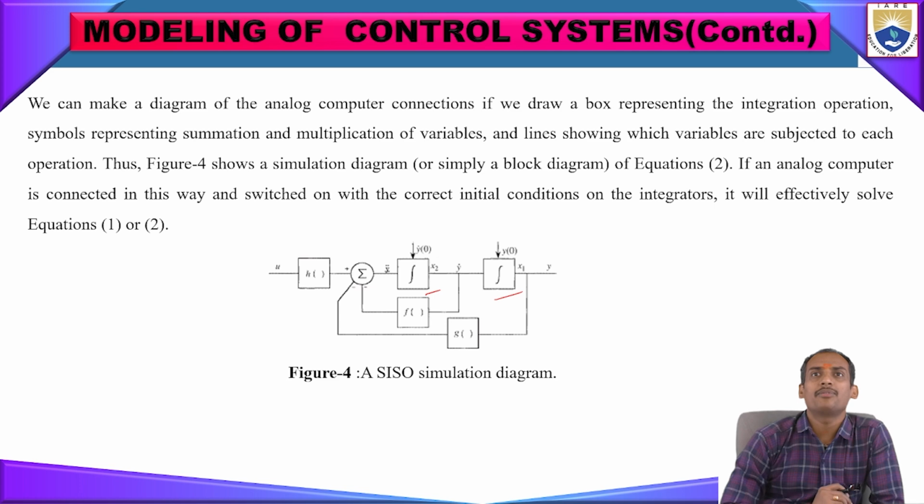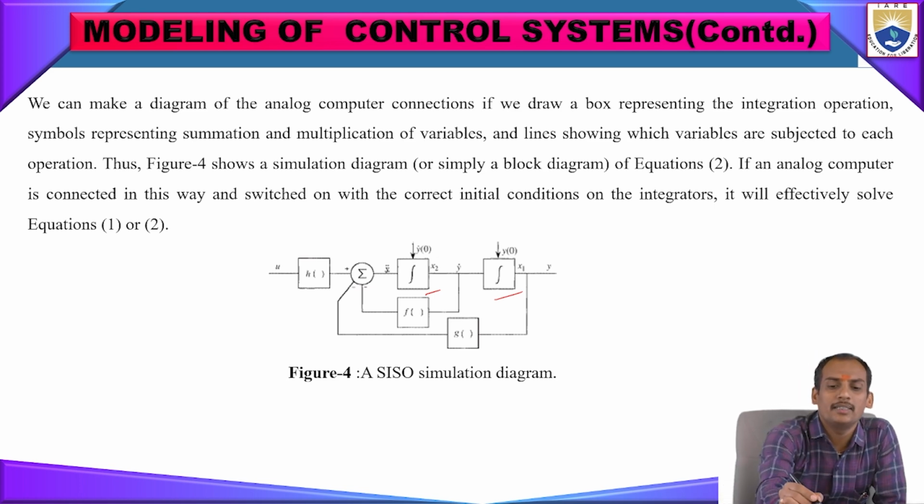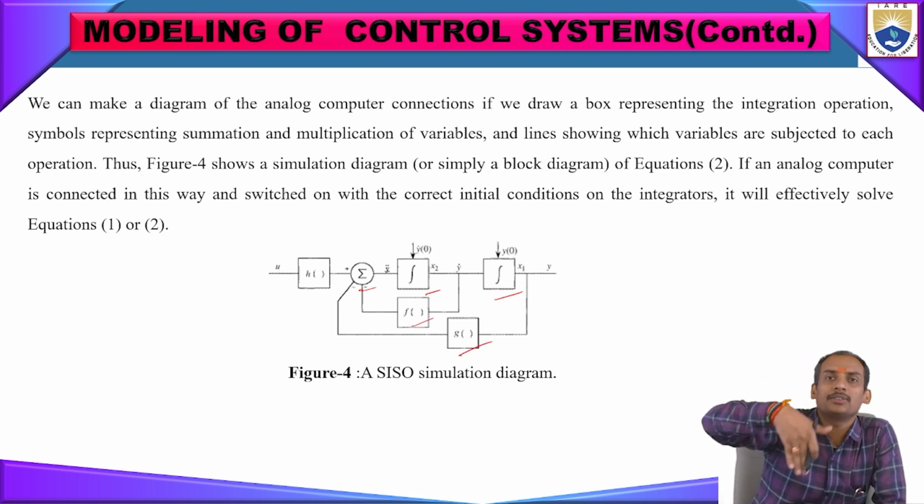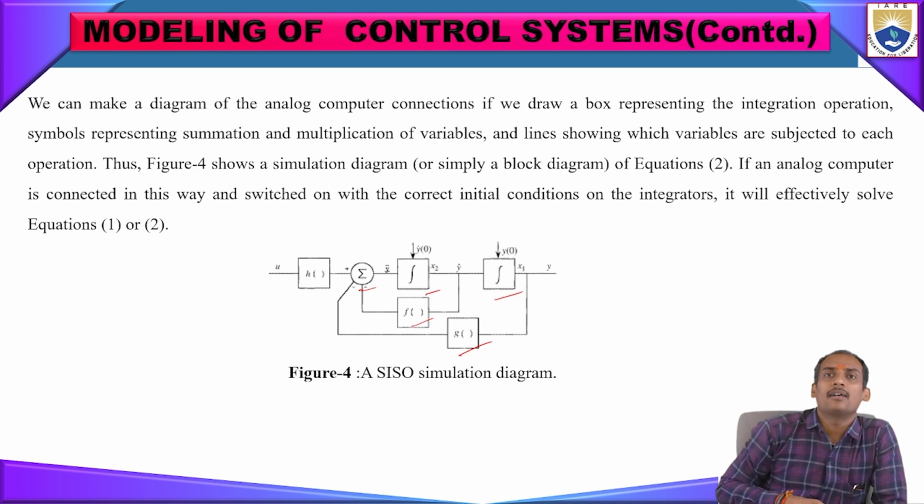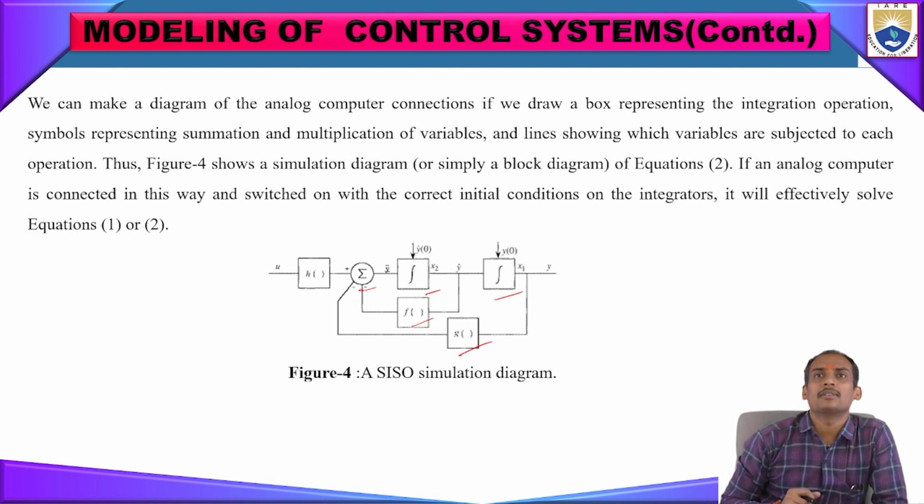I mean the summation of multiple variables, like here you see the summation of multiple variables, this f function and g function. These f and g functions are also additional functions of the input function only, and the variables are subjected to each operation. The analog computer is connected in such a way that it is switched with the correct initial conditions of that integration, so that we can solve equations 1 and 2 in integrated form.